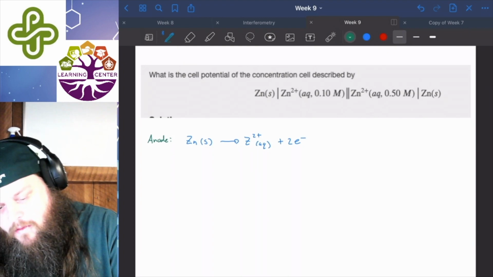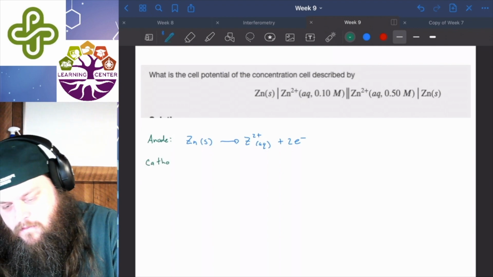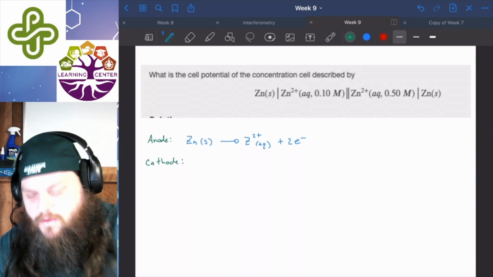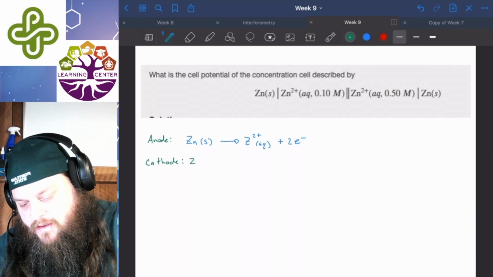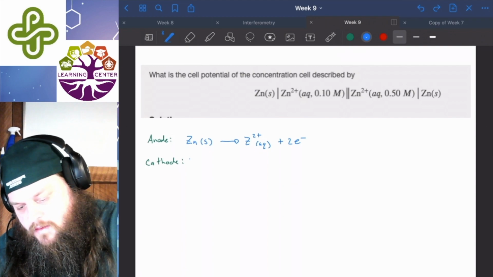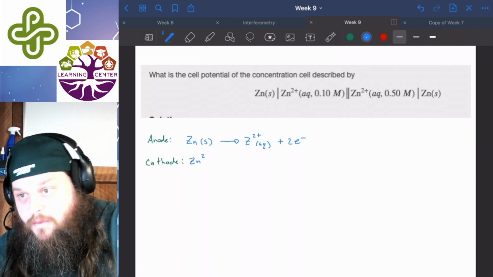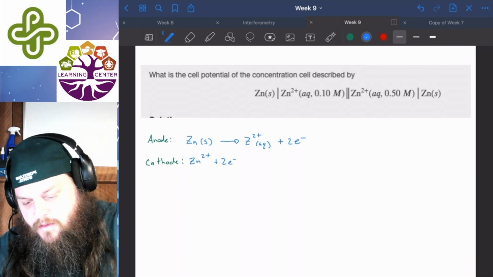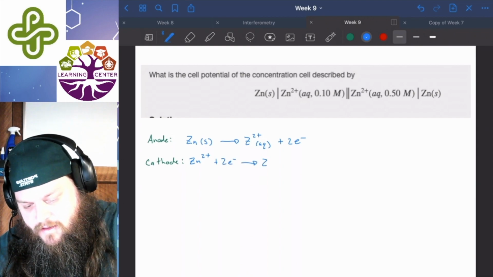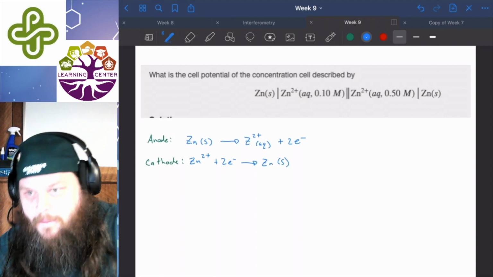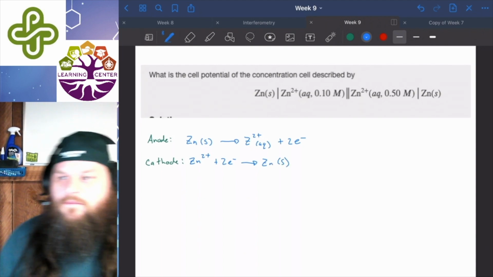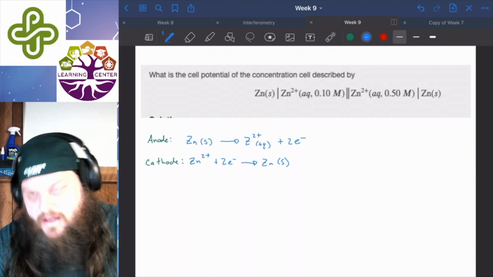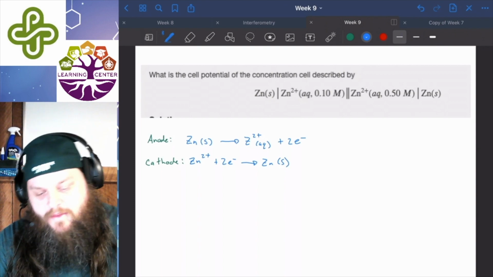The cathode is going to be the zinc 2 plus plus 2 electrons producing zinc solid. And this overall reaction, if we were to break it down, we can see that we're basically canceling everything out.